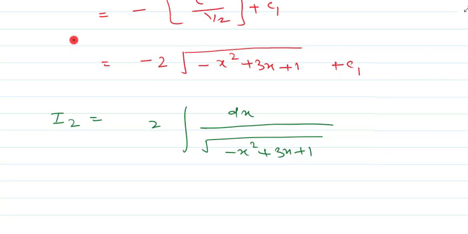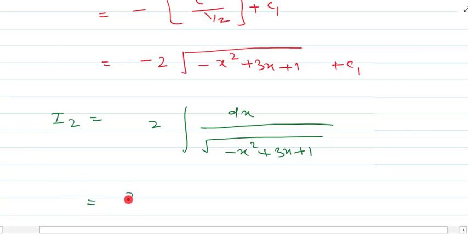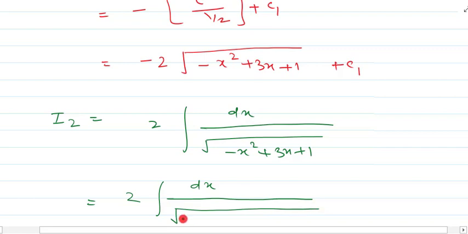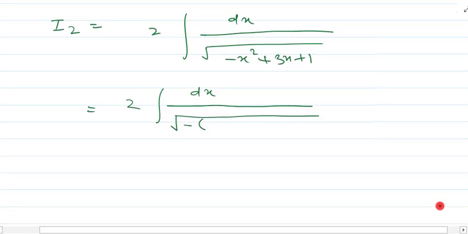So I2 is equal to 2 into dx upon square root of, taking this negative sign outside but it will remain inside the root sign.